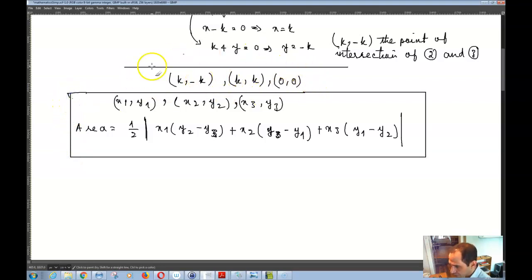So now that the vertices are these, then you can say that the area of the triangle is equal to 1/2 of the absolute value of, take this as 1, 2, and 3.